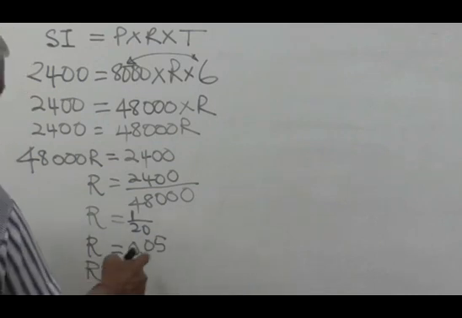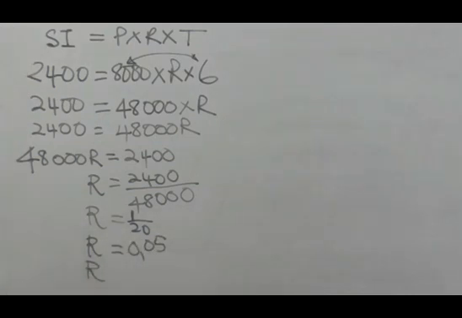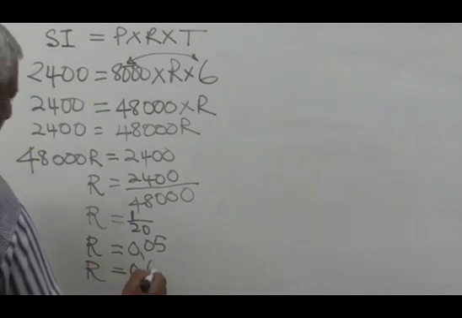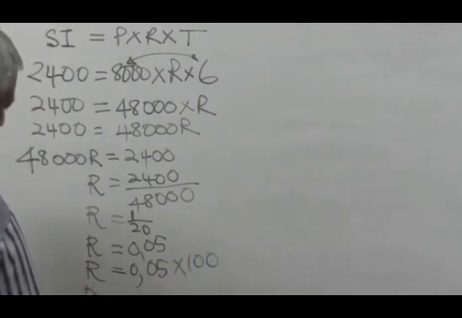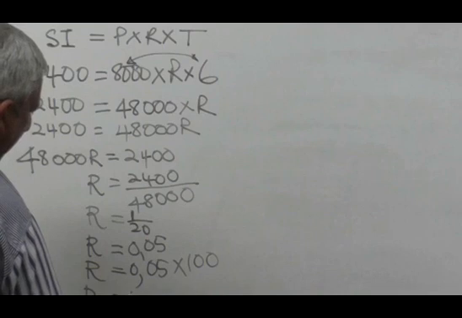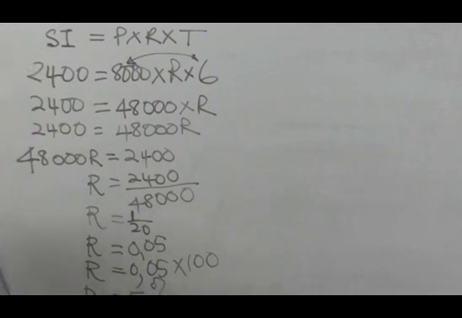Now, that's a decimal fraction. You have to convert it to a percent. So you multiply it by 100. 0,05 times 100, and your final answer is 5. So the answer is 5%.